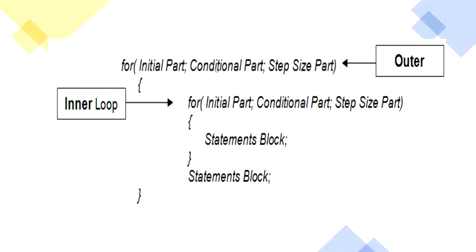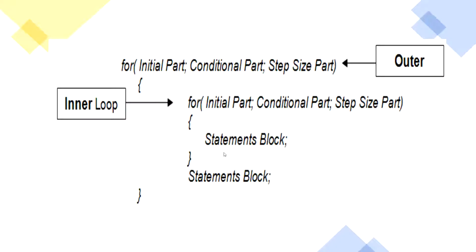Like if we mention 5 times here, i less than or equal to 5, this inner loop is going to be printed 5 times. So the outer part executes this part as many times as it has to, and the inner part executes the statement block here.